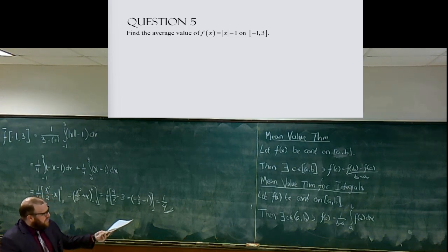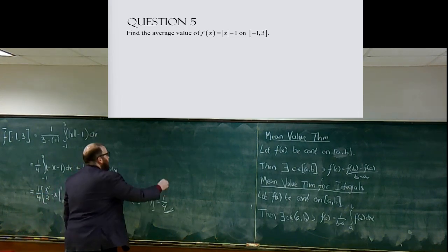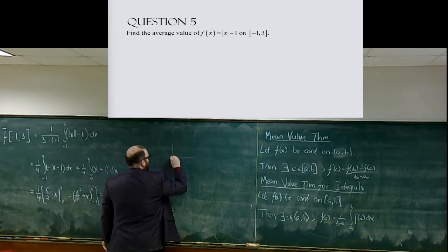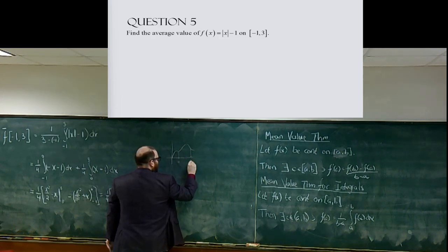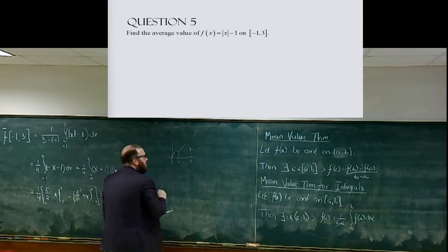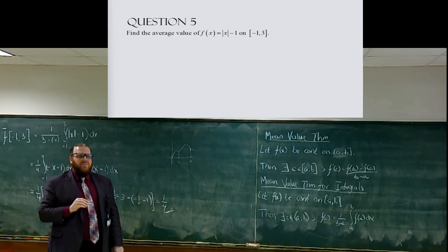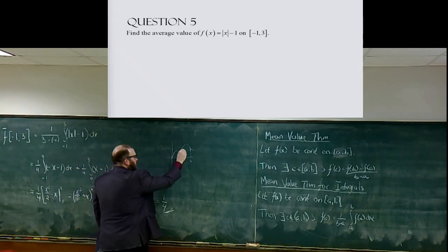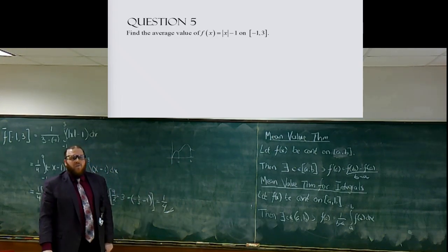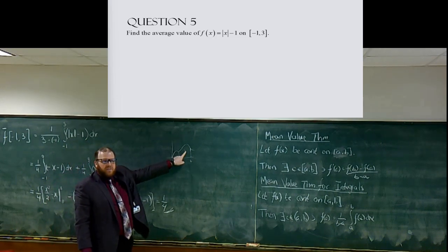Another thing this is saying is your average value actually has to fall on this line somewhere. It can't be like here. That's not possible.